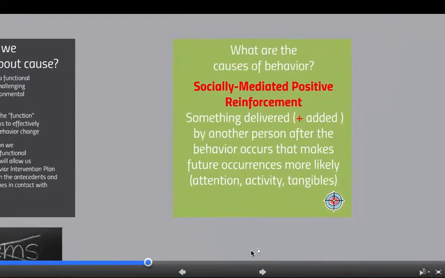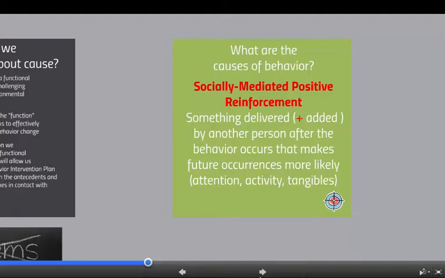All that means is that the consequence that follows a behavior is arranged by another person. So that's why we call it socially mediated. So it's coordinated by, arranged by another individual. And then, as you know from your good definition and from your learning prior, we know that positive reinforcement means an addition or the adding of something.